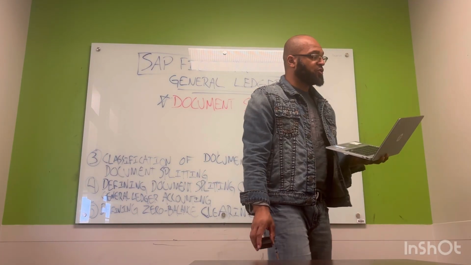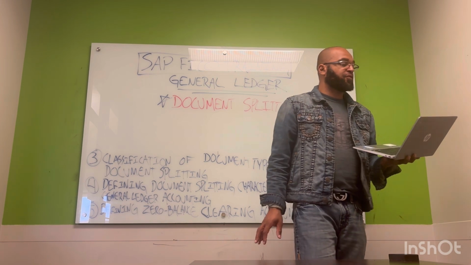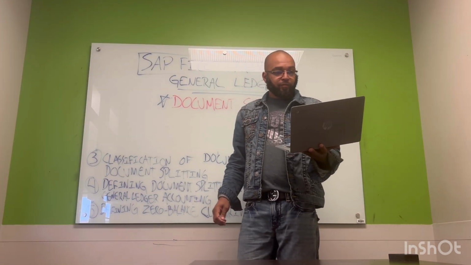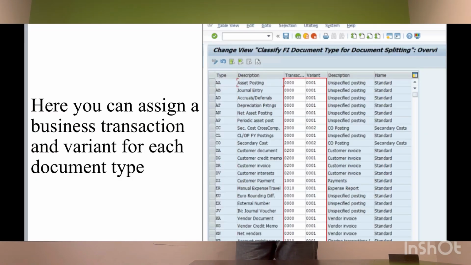The menu path to classify document types for document splitting: financial accounting, general ledger accounting, business transactions, document splitting, classify document types for document splitting. All right, guys. Here in this transaction, you can assign a business transaction and variant for each document type.